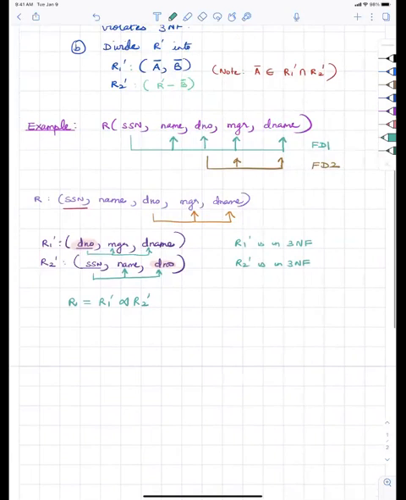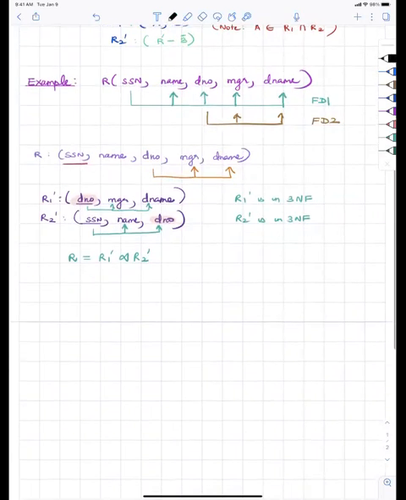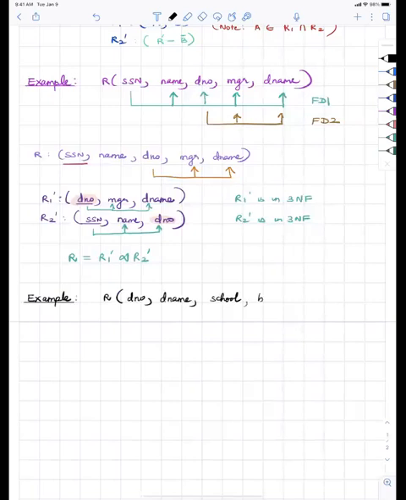Okay, so let's do a few more examples. Let's look at this next example. We have this table R, which has D number.